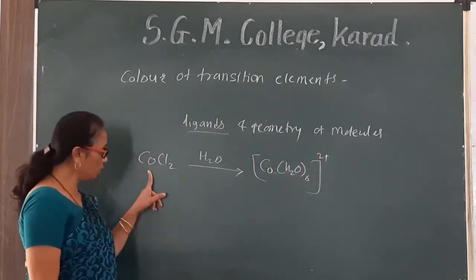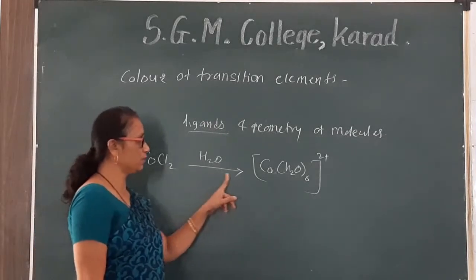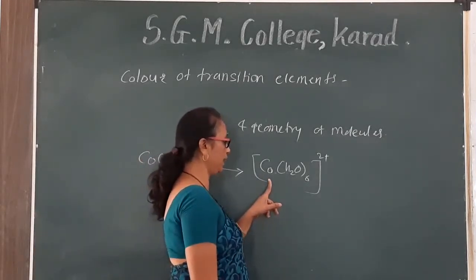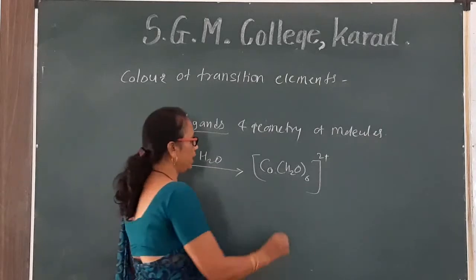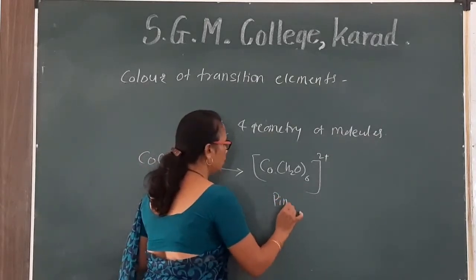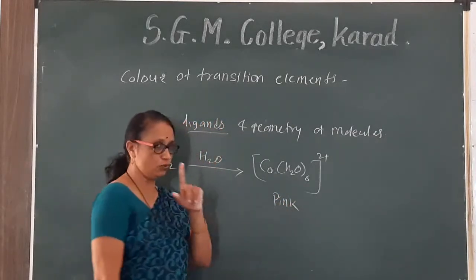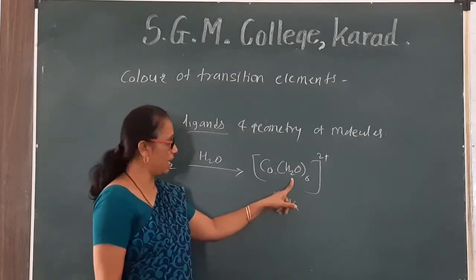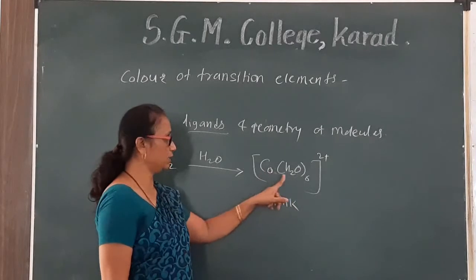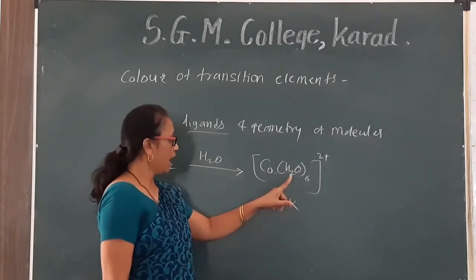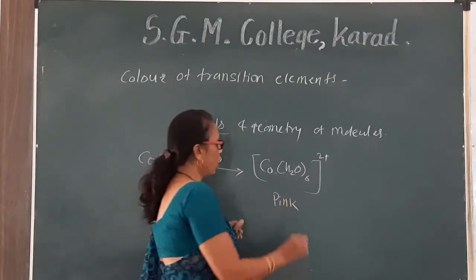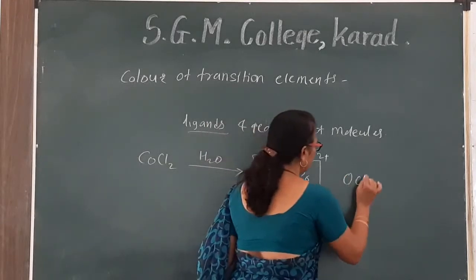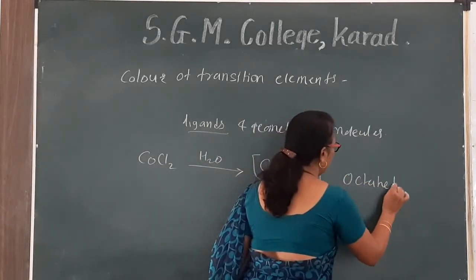When cobalt chloride is dissolved in water, there is a formation of this complex, and this complex forms a pink colored solution. Here H2O molecules are the ligands. This is the central cobalt, and these are called the ligands. The structure of that complex is octahedral.